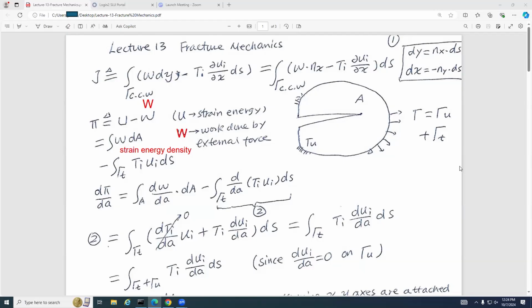So for the first term, I put the derivative sign, take the derivative of the integrand omega, and then do the integration. The same for the second term: I take the derivative of the integrand within these parentheses, and so this is d pi dA. Now I'm going to talk about the second one, and how to calculate it.